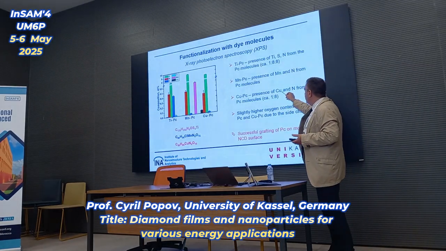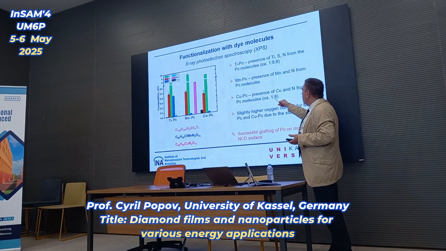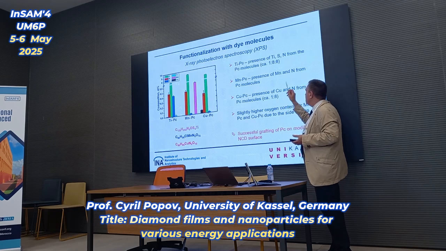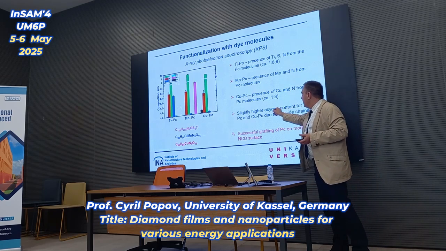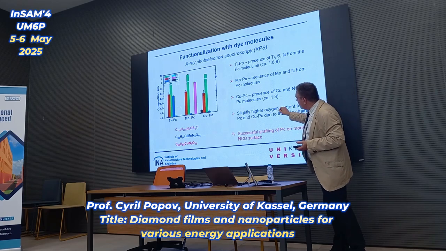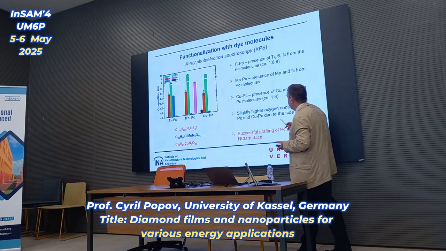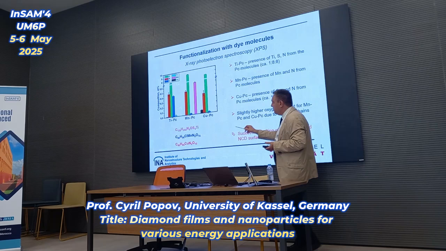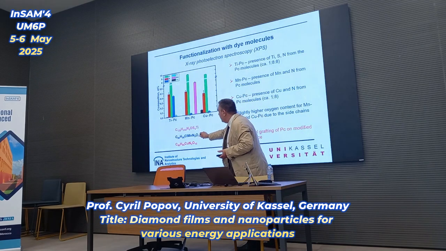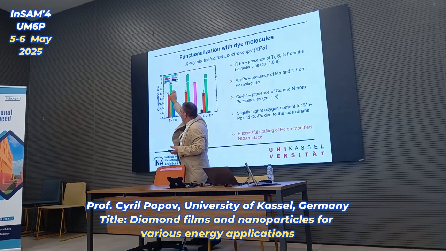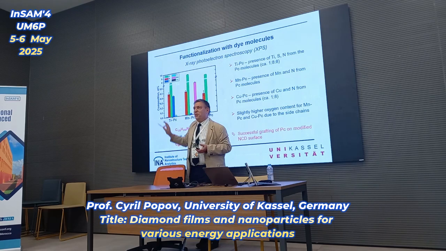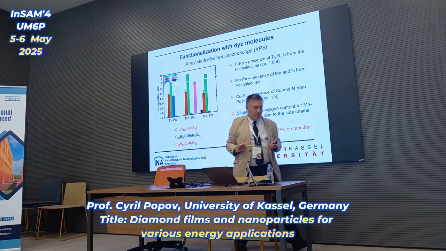In the copper, the presence of copper with ratio 1:8 compared to nitrogen, presence of manganese, also slightly increasing of the oxygen content due to the oxygen in the side chains of the manganese and copper. This is 0.6%, of course, very low, what can be also expected.